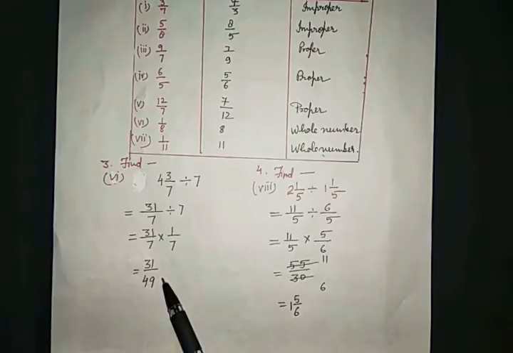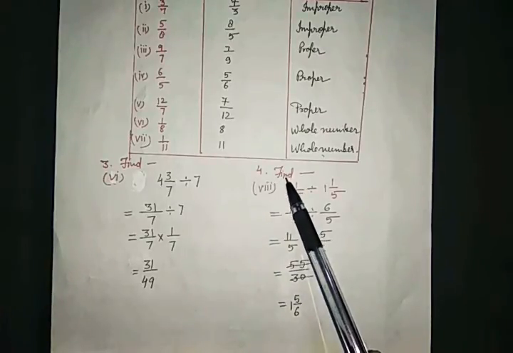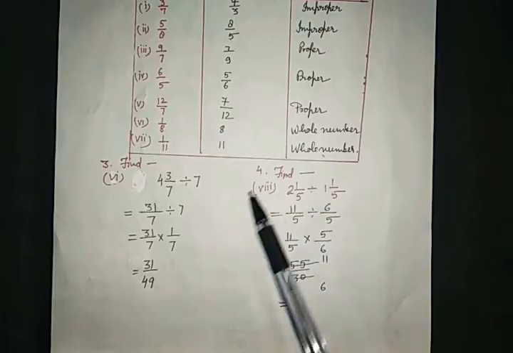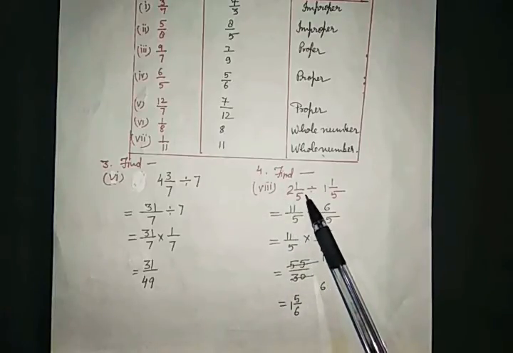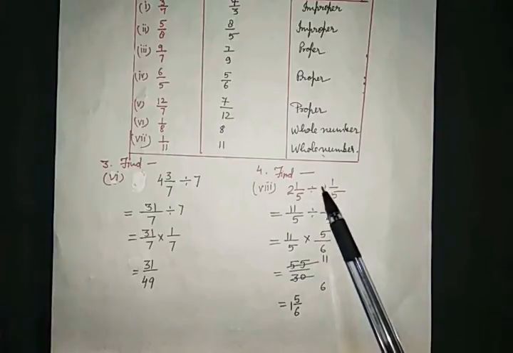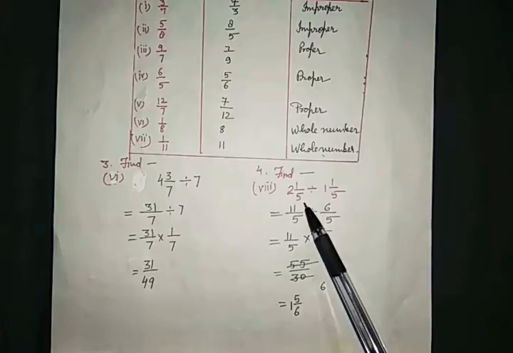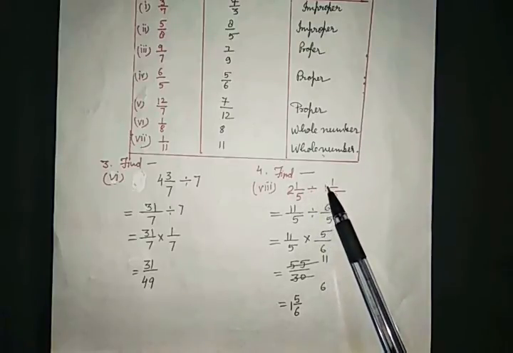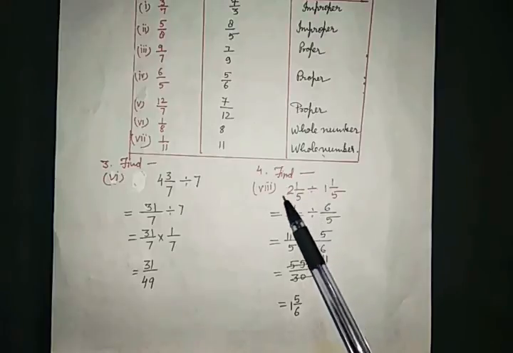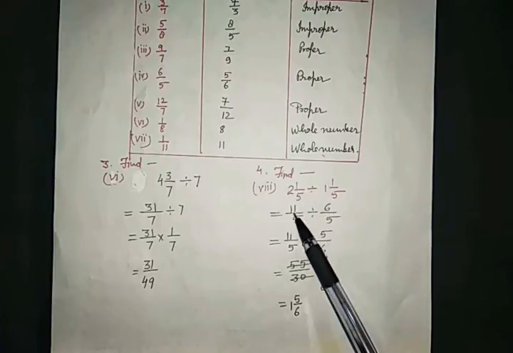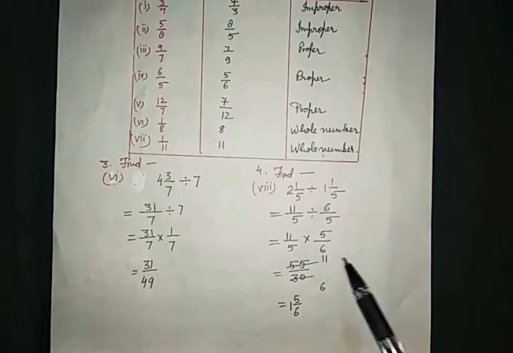Now see the eighth part of question number 4. Here you have to divide a mixed fraction by a mixed fraction. Here 2 whole 1 by 5 you have to divide by 1 whole 1 upon 5. Both the mixed fractions you will write in the form of improper fractions.